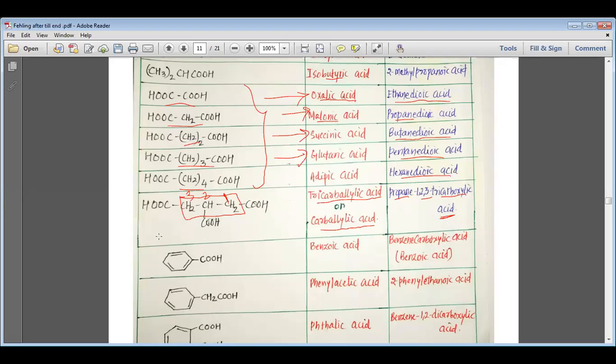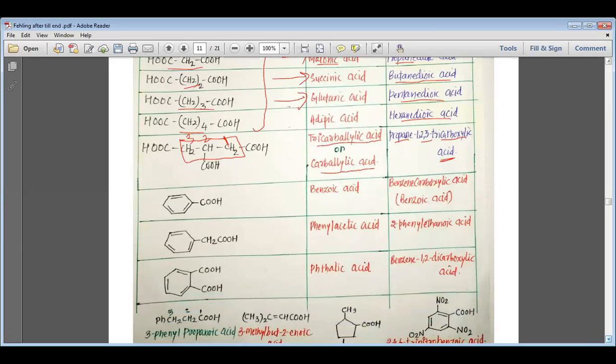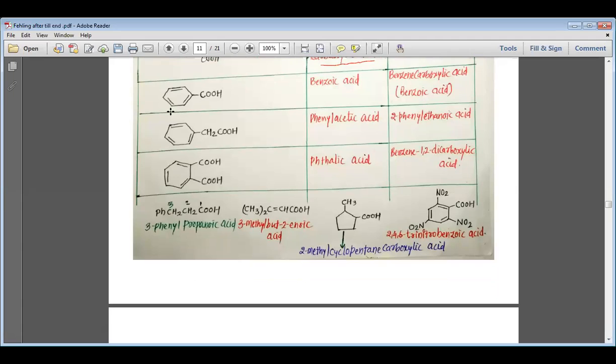Same way, when we have the aromatic carboxylic acid with benzene, it is benzoic acid. Benzoic acid is even the name which is accepted by the IUPAC system, but we can even call it a benzene carboxylic acid. When we have benzene bonded with the CH2 COOH, in IUPAC system it is 2-phenyl ethanoic acid.